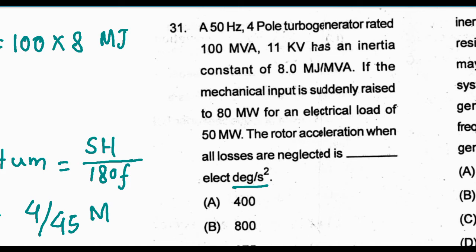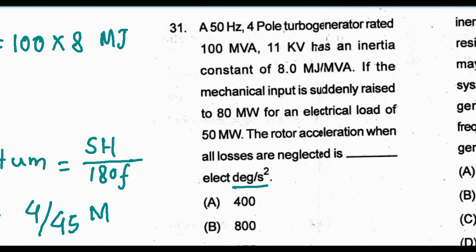If the mechanical input is suddenly raised to 80 MVA for an electrical load of 50 megawatt, and this is 80 megawatt, the rotor acceleration when all losses are neglected is in electrical degree per second square. So here we have to find the acceleration when the electrical load is 50 megawatt and we suddenly give higher mechanical power to that generator, then what will be the oscillation?